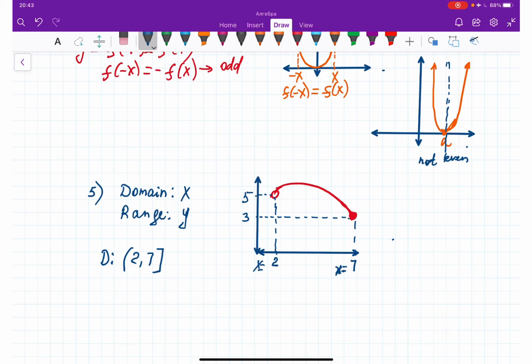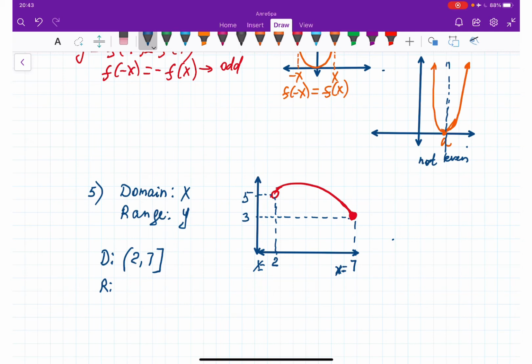Okay? Now let's see what values of y this graph has, beginning and end. So let's see.